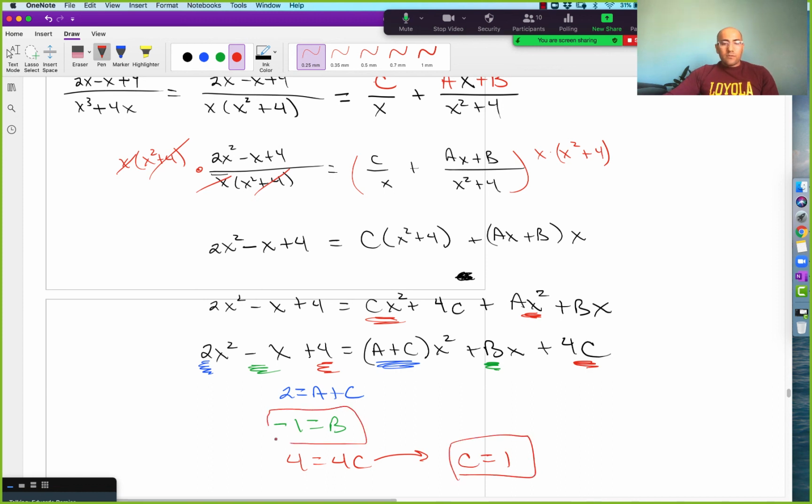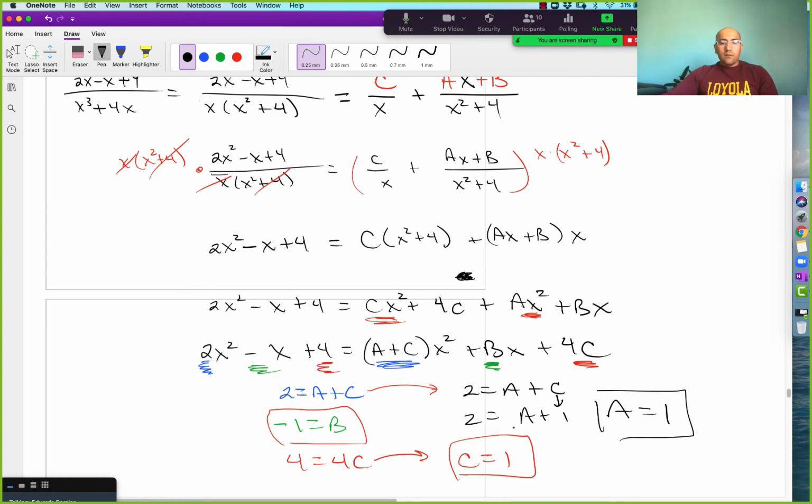b equals -1, we already have that. And from here we have that 2 equals a plus c, but the c was a 1. So a plus 1 equals 2, so a must be equal to 1.